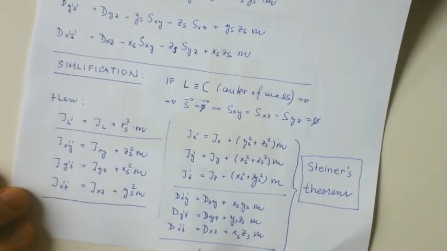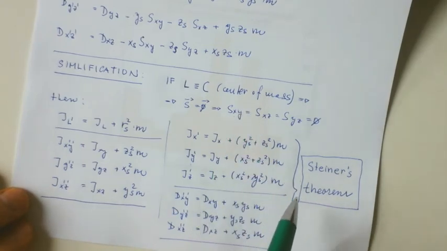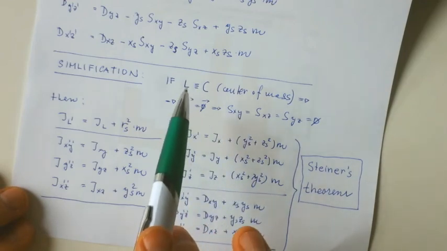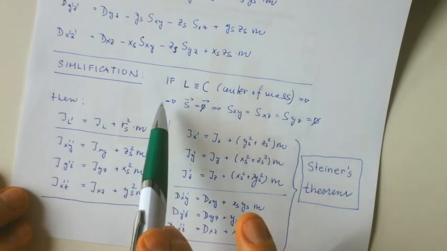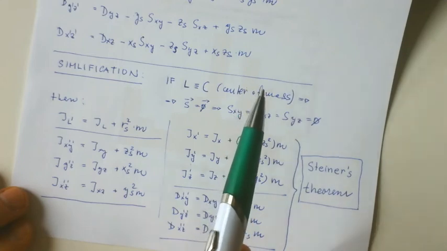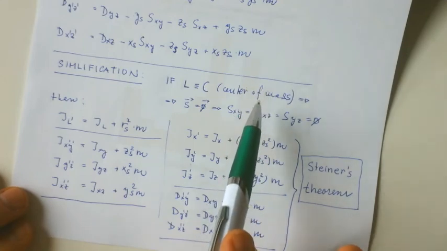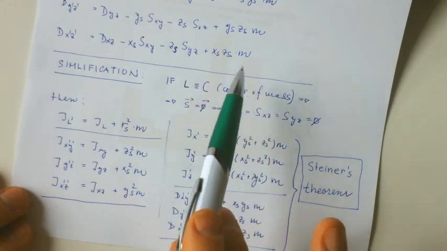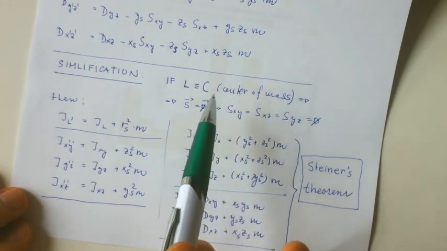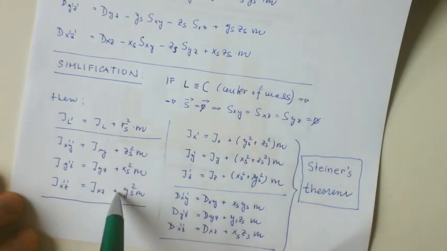This is the consequence of Steiner's idea, that if we don't recalculate between a general origin and another different general origin, but we consider that the origin is in fact the center of mass of a body, then we can see this considerable simplification.